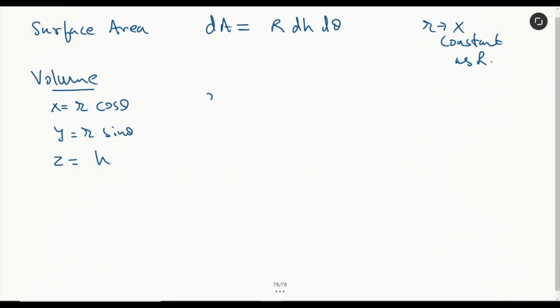So the small r varies from 0 to capital R, theta varies from 0 to 2 pi, and h varies from 0 to capital H, right?